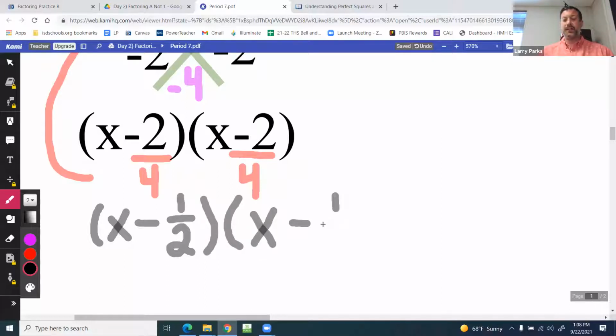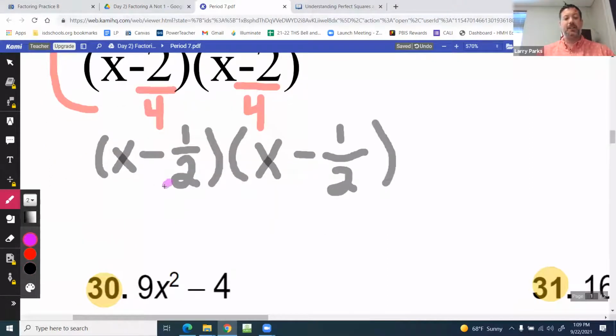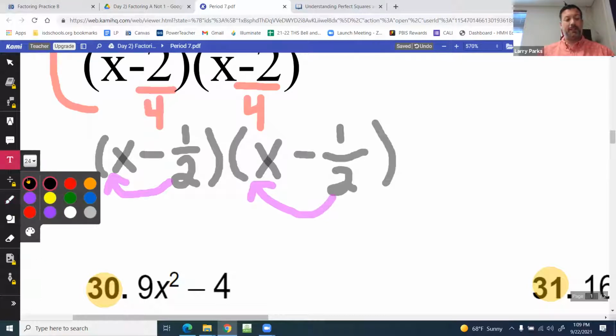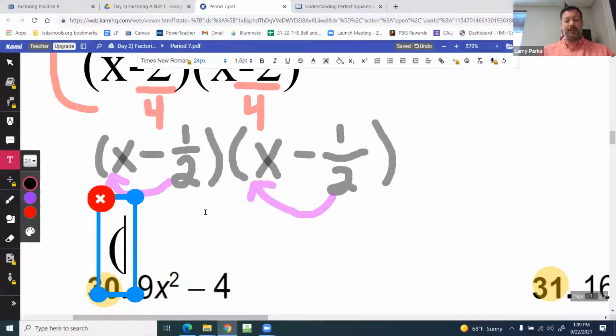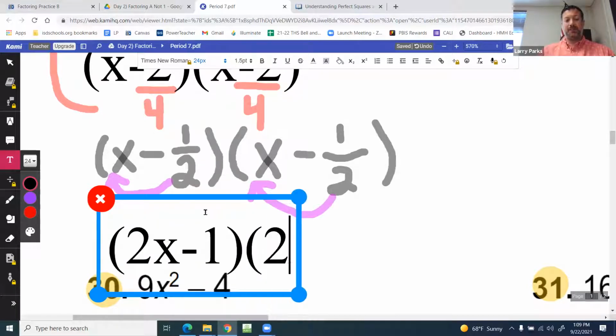I guess you could call that simplifying fractions. So you simplify the fraction if you can, and then you take this number, if there is one, and you slide it to the front. So what I get now, putting all that together, I get 2x minus 1 and 2x minus 1.